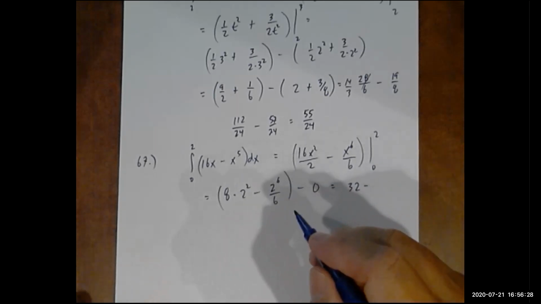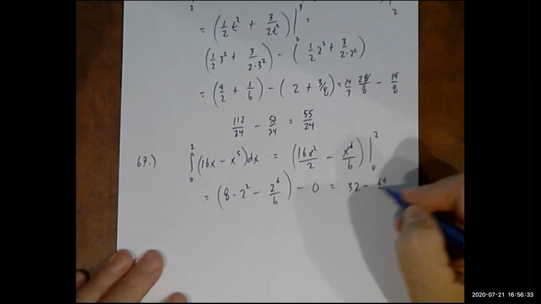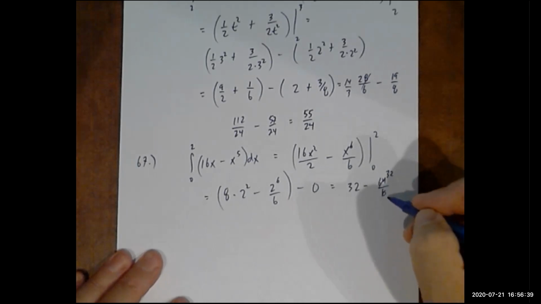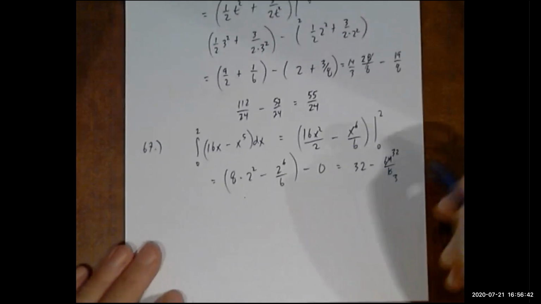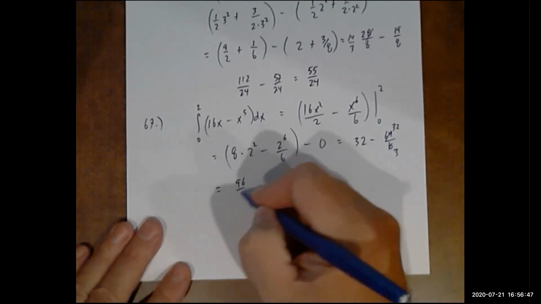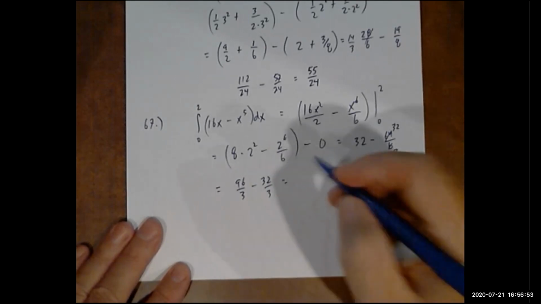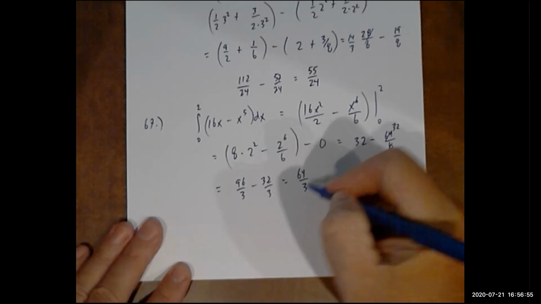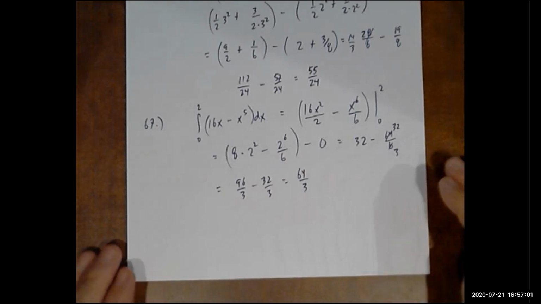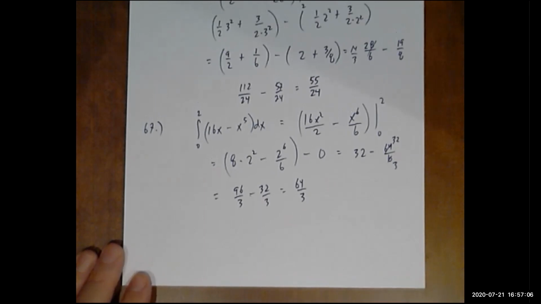That's 4, 8, 16, 32, 64, which is 32 over 3. Got to get a common denominator. So this is 96 over 3 minus 32 over 3. All right, if I didn't mess up, looks like 64 over 3.